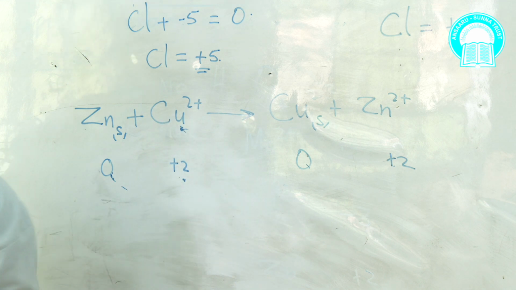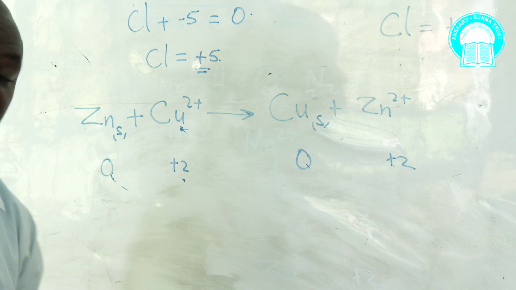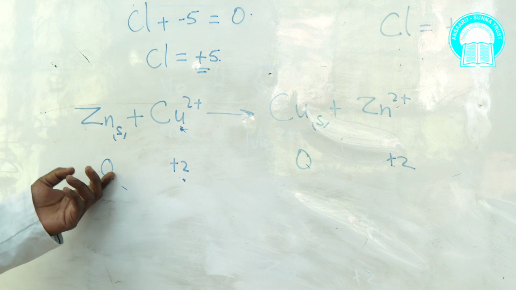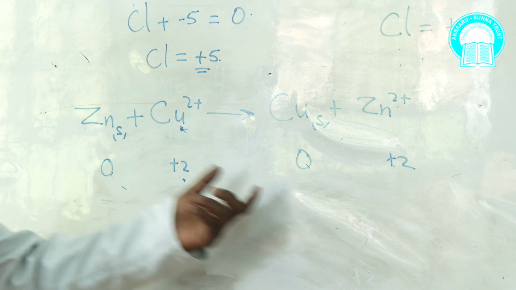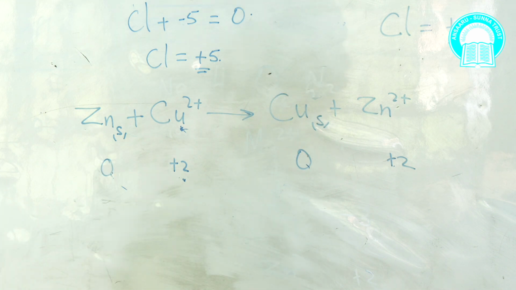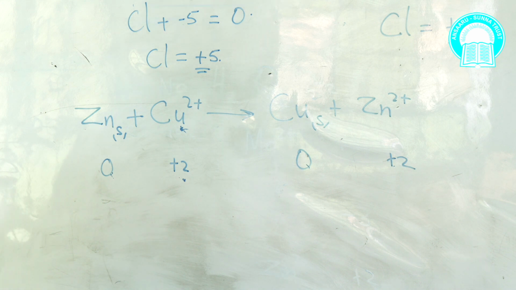By using the oxidation states, we can know which substance has gained electrons and which substance has lost electrons. And since we can see that there is a decrease in oxidation number and an increase in oxidation number at the same time, we can call it a redox reaction.